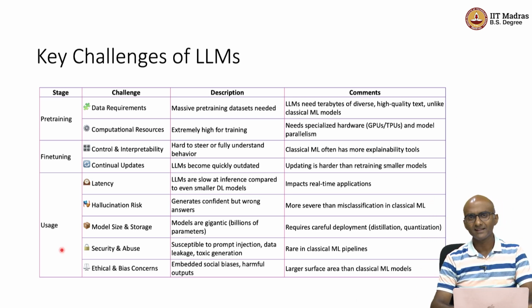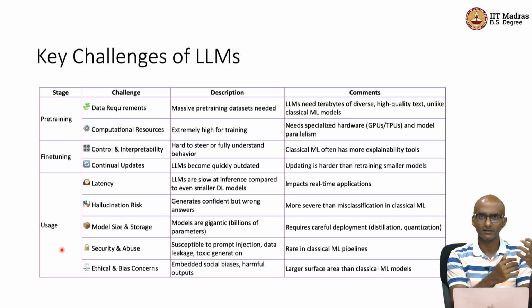And then finally, ethical and bias concerns, which are basically governance concerns. With classical ML itself, we kind of stopped last week by saying that bias detection is an advanced topic. For LLMs, this takes it up a notch again, because the kind of biases that exist with LLMs are not something that LLMs are imagining.